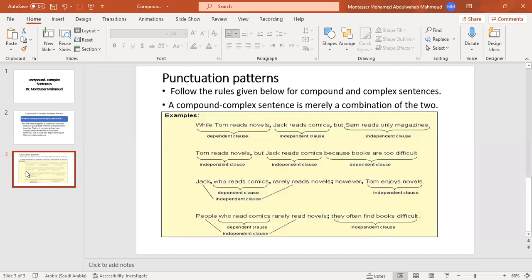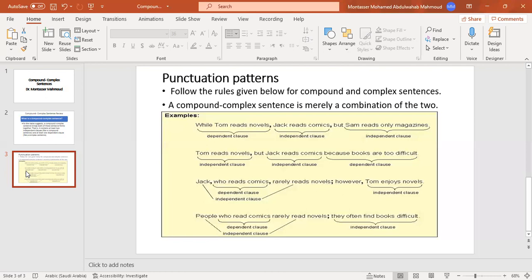This clause starts with a subordinating connector, because, so actually the idea is not complete, it's a dependent clause. If you use a dependent clause at the end of the compound complex sentence, don't use a comma. So before because, don't use a comma, because it's used here between the independent and the dependent clause.